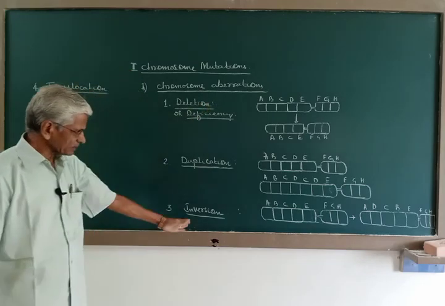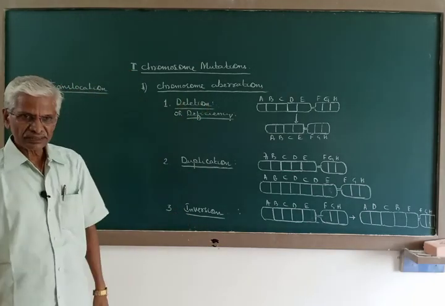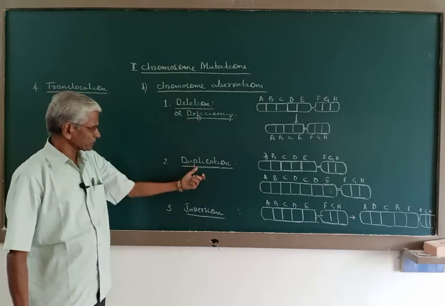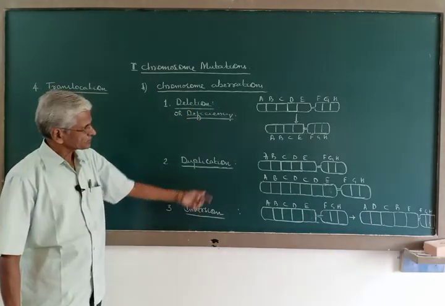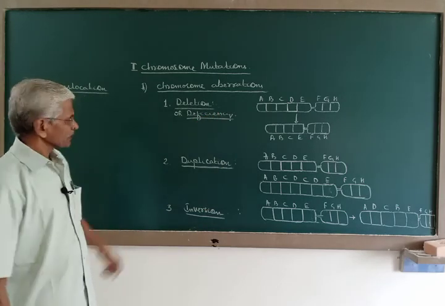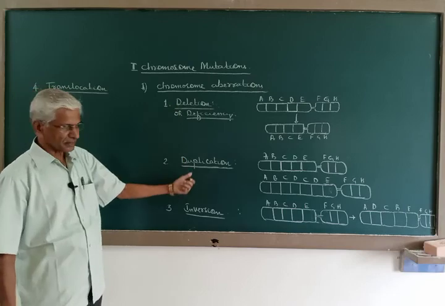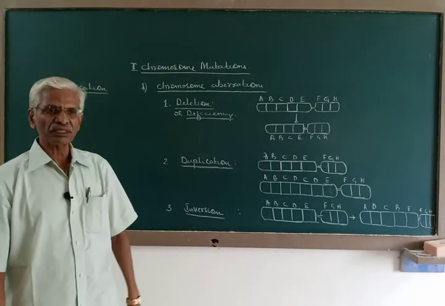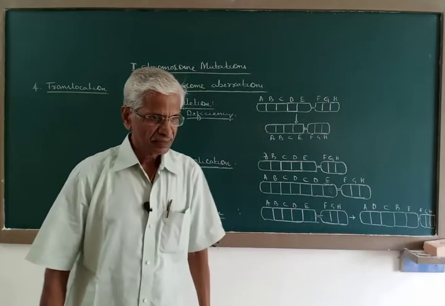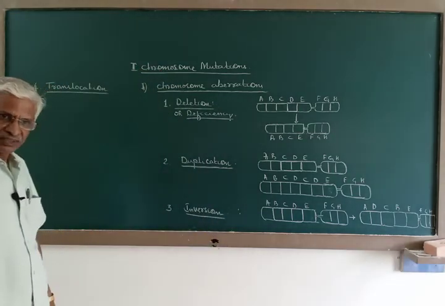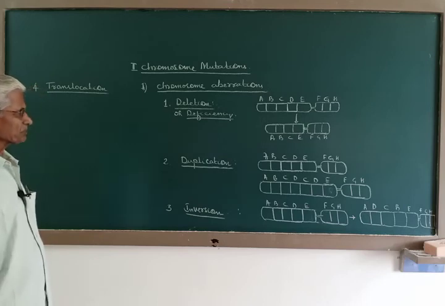But in the earlier three instances, that is in deletion, duplication and inversion, a single chromosome is involved, and hence these three are grouped as intrachromosomal aberrations. Aberration of the chromosome involving a single chromosome.